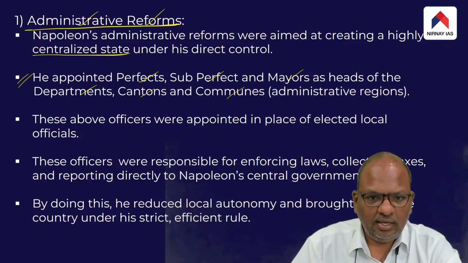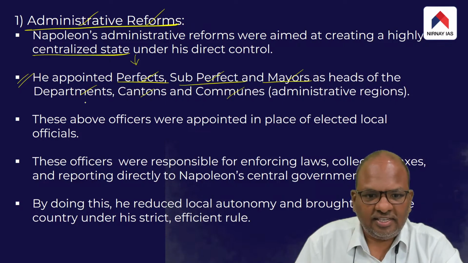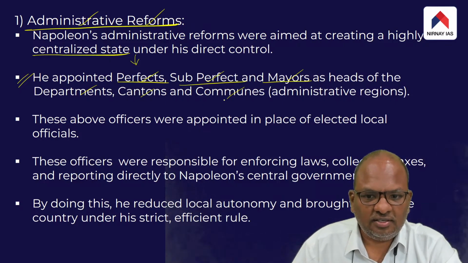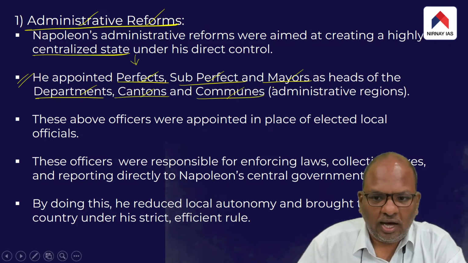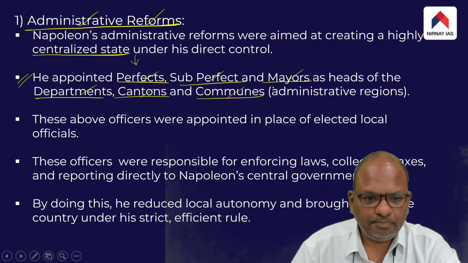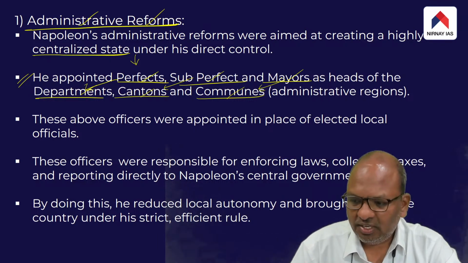So basically, in the administrative reforms he had undertaken, he appointed prefects, sub-prefects, and mayors as heads of departments, cantons, and communes. Departments, cantons, and communes are administrative regions. He appointed prefects as the heads of the departments, the sub-prefects as the heads of cantons, and mayors as the heads of the communes.